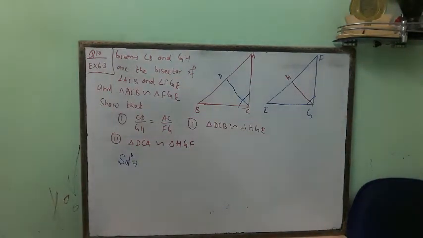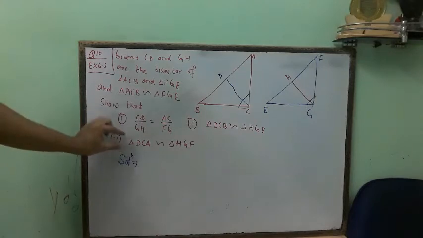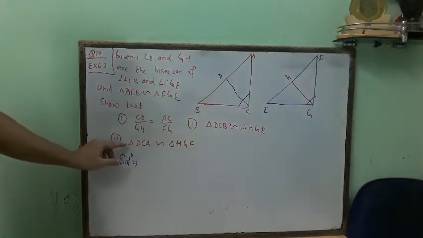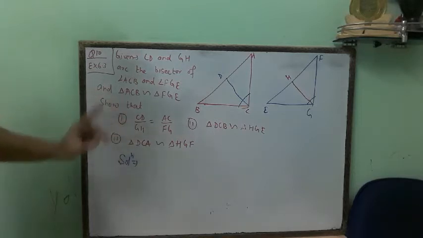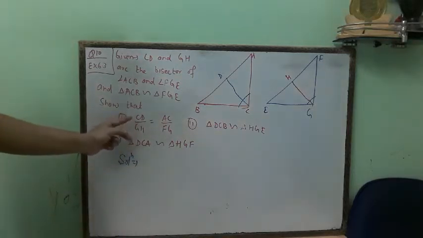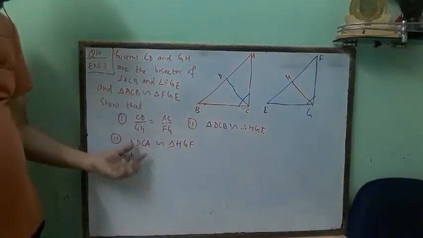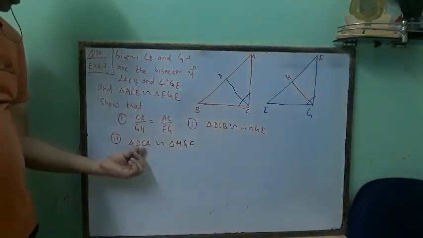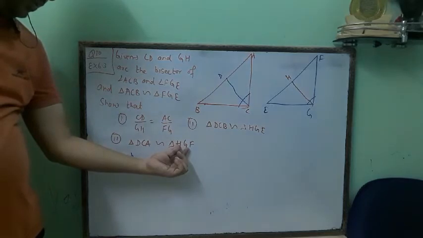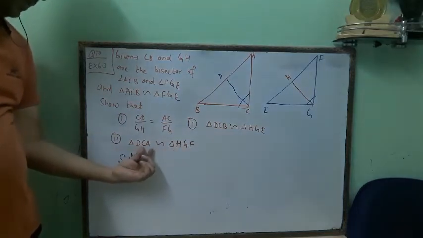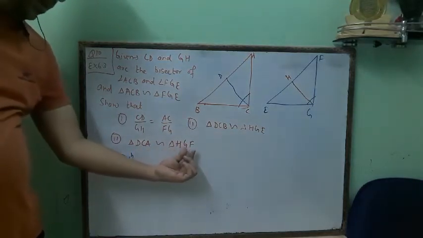So if we first prove the similarity of these triangles, then we will achieve this one, because the corresponding sides are matching with these triangles. See, DC divided by GH is equal to AC divided by GF.